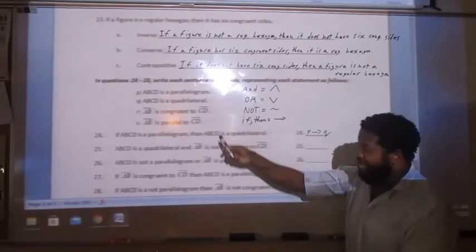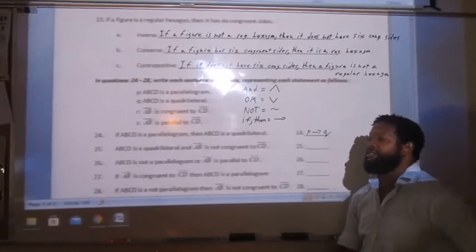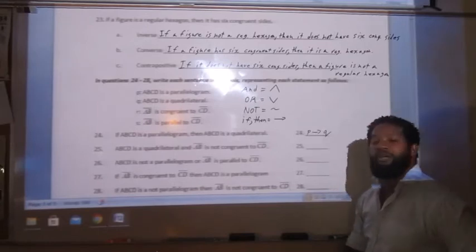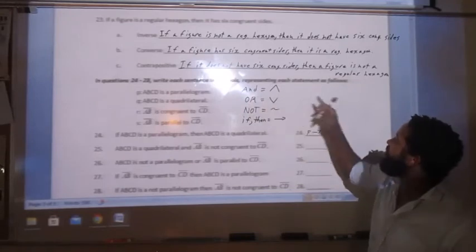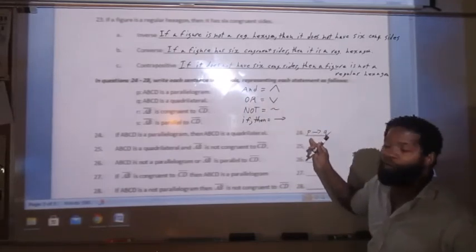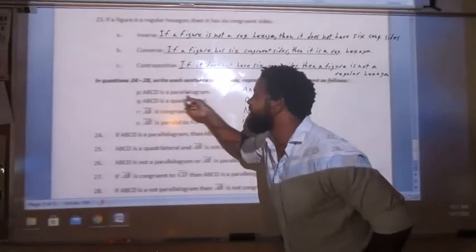S states segment AB is parallel to segment CD. All you're doing is putting these parts into what they represent. P represents this sentence.